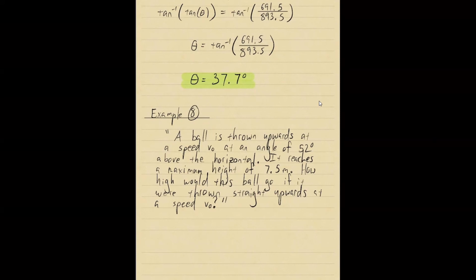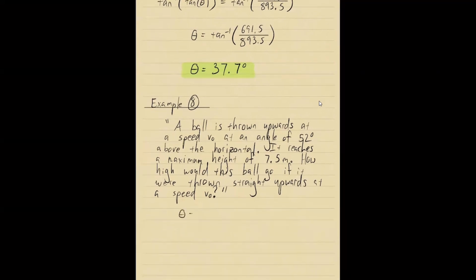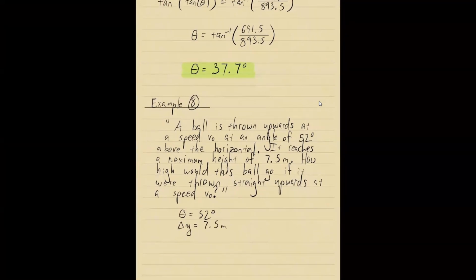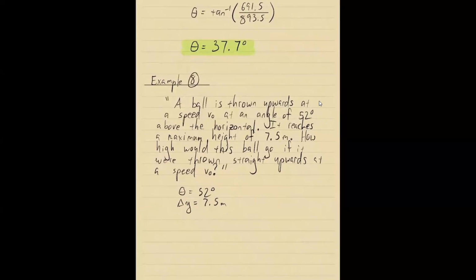So what we can do here is try to solve for the y component of our initial velocity in terms of its magnitude v naught, as well as its trigonometric function. In this case, theta is 52 degrees, and its max height delta y is 7.5 meters.